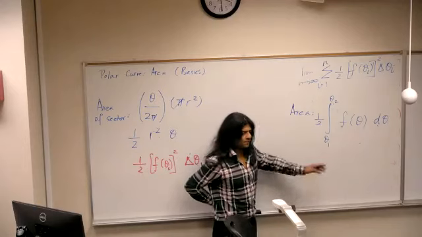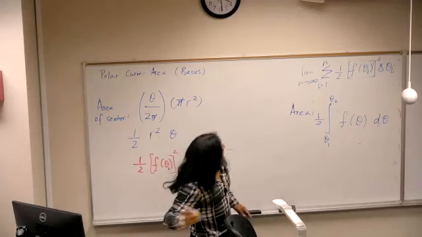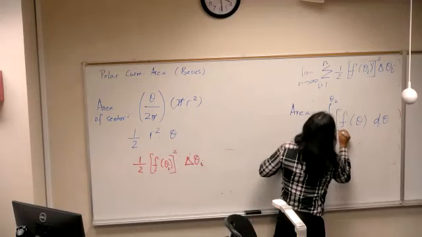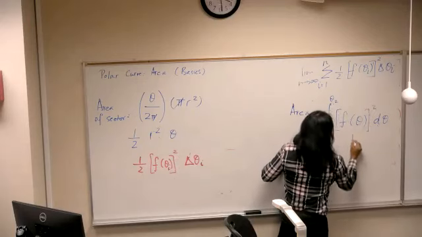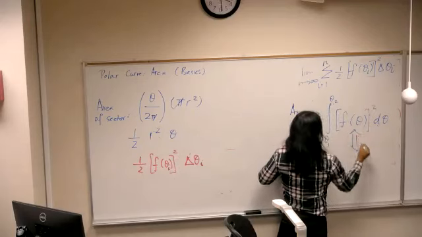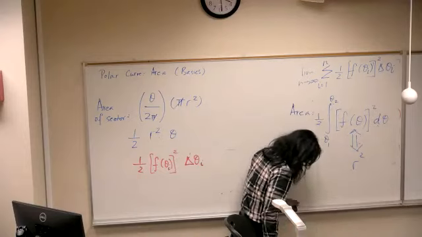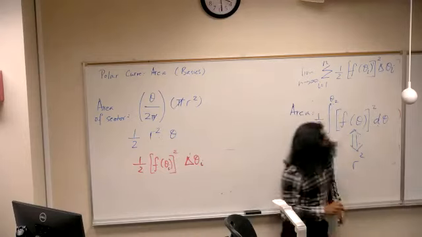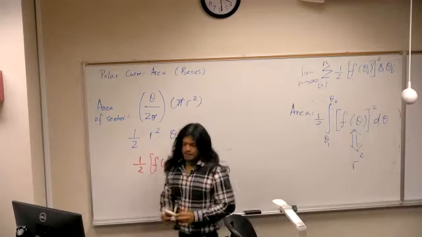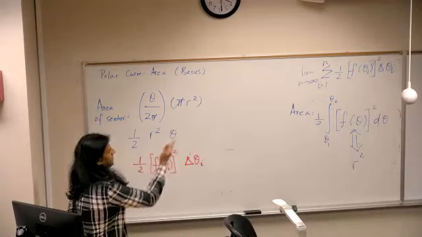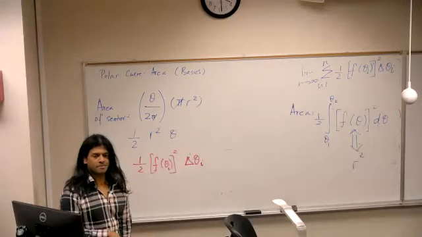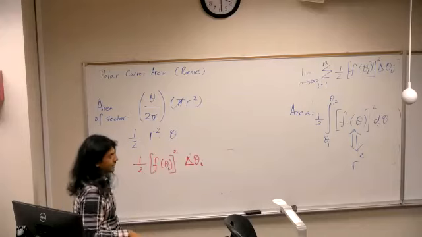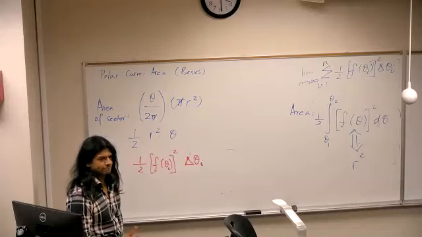So the formula here defines the area of a polar curve. It's just that. You don't have to memorize this. You understand what happened over here.